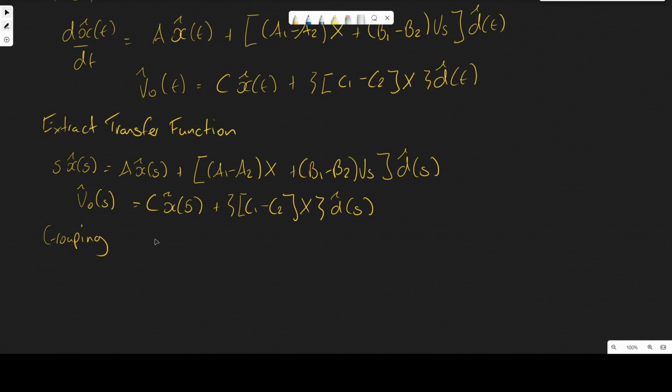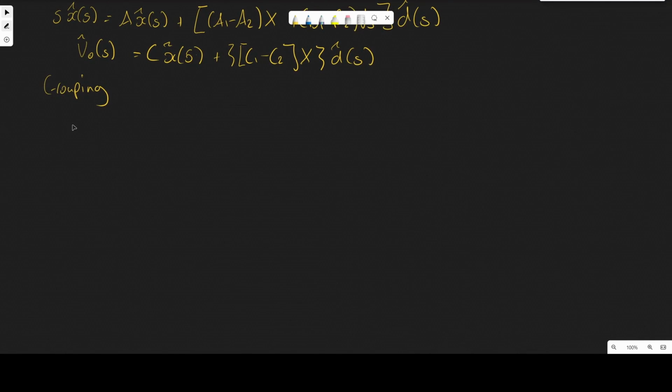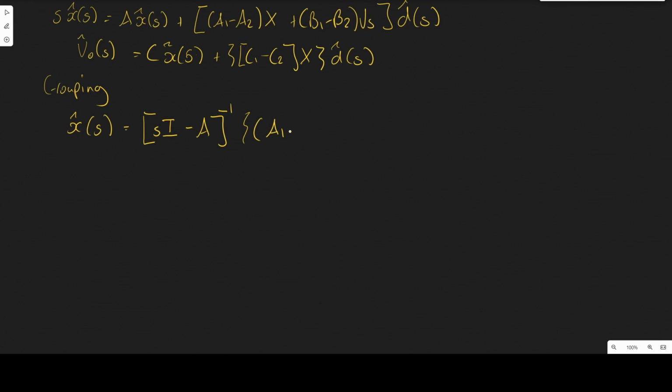we obtain the following. So x hat(s) is equal to (sI minus A) inverse, multiplied by [(A1 minus A2) X plus (B1 minus B2) Vs] and multiplied by d hat(s).